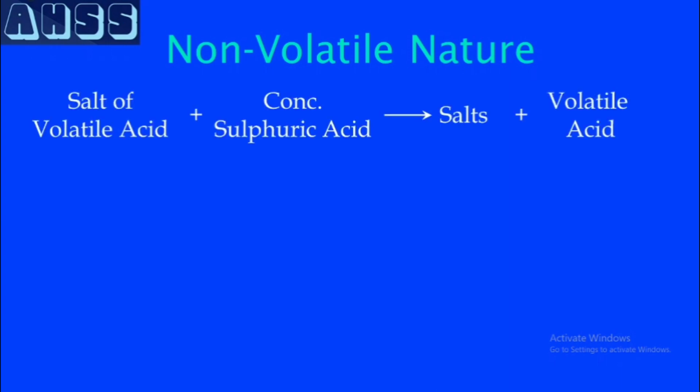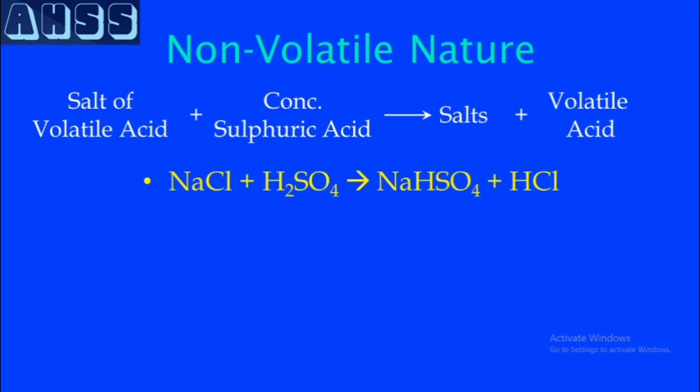It is therefore used for preparing volatile acids like hydrochloric acid, nitric acid, and acetic acid from their salts by double decomposition. So you can see the general equation here: salt of volatile acid plus concentrated sulfuric acid gives salt plus volatile acid.